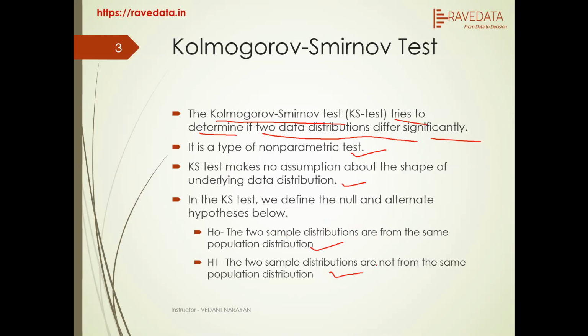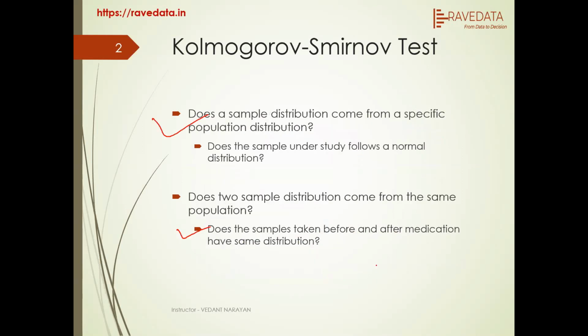One is the one sample KS test, where we want to know if a sample S1 follows a specific known population distribution. And there is another, the two sample KS test, where we want to know if S1 and S2 are significantly different or not.